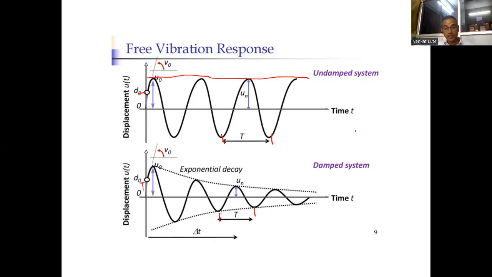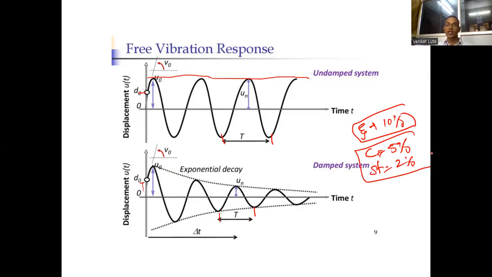That means when the damping value is up to 10%, for concrete structures it is 5%, for steel structures it is 2%. So it's very little. If you take 5% damping, basically the time period for either damped or undamped is the same.